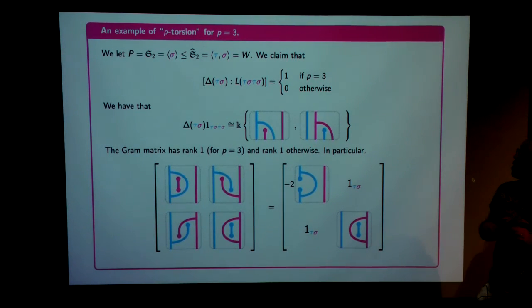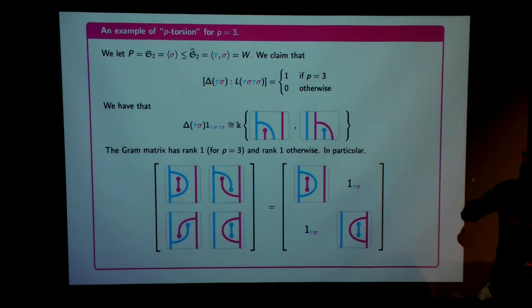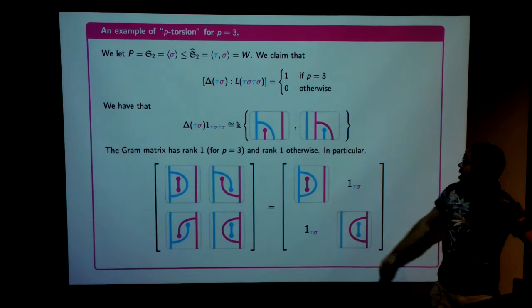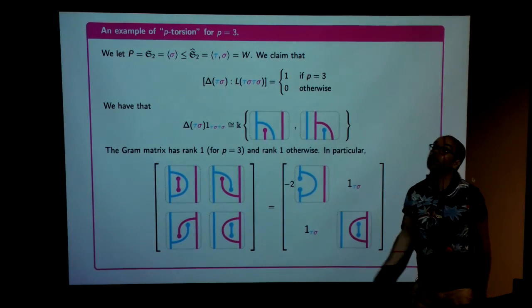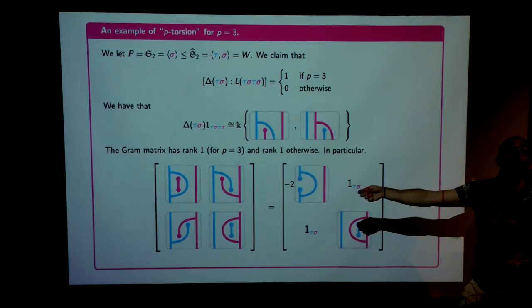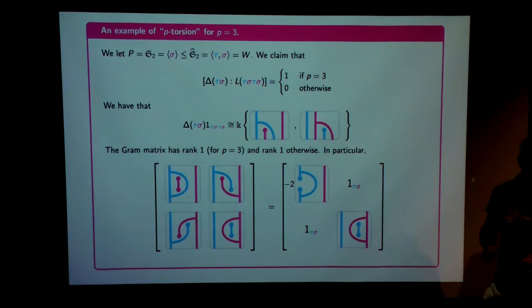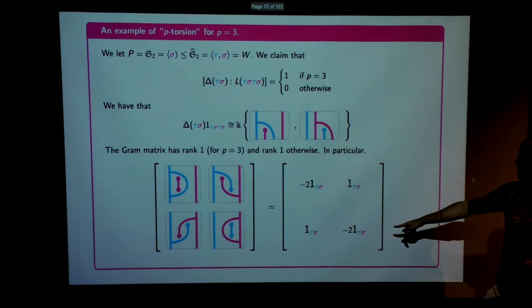So when I pull that barbell through, I get 2 times the one where I break up the guy, plus the ones where there's a barbell all the way to the left, so they're 0, so I haven't depicted them, but there you go. Same thing here with a little bit more work. So, -2 times the identity, -2 times the identity.